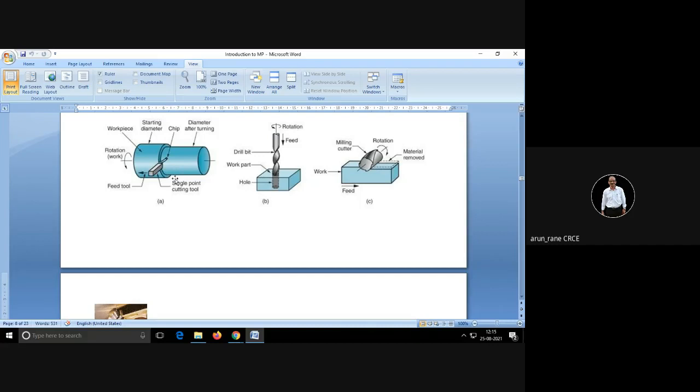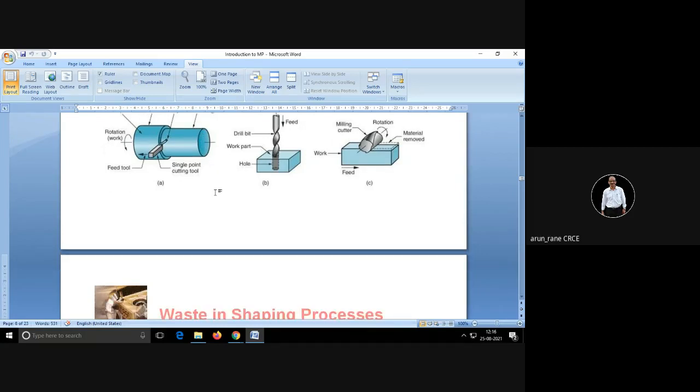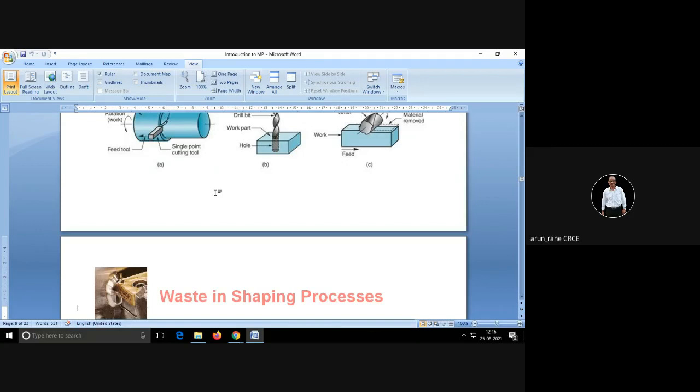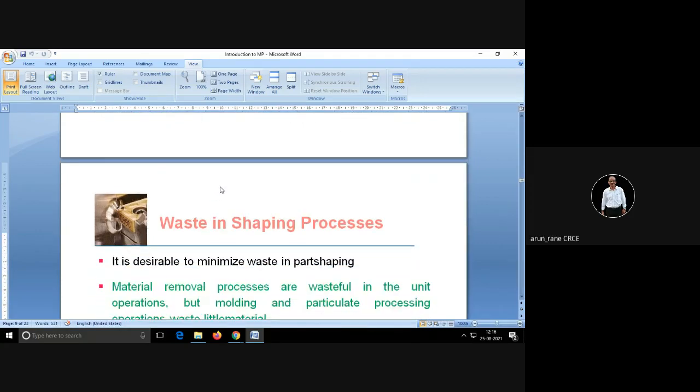So in this case, what we do is forge this component keeping only 2 mm of extra material. Like, say, if my diameter is 20 and the other diameter is 25 or 24, I will do forging. In forging, I may keep this diameter as 26 and this diameter at 22. Only you have to see the quantity, because for forging, casting or molding, you have to make a die.